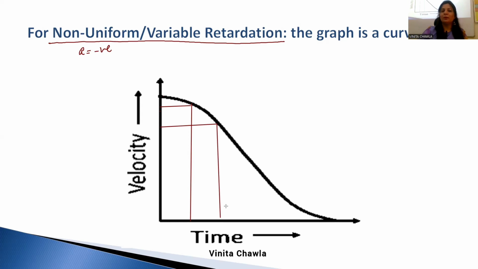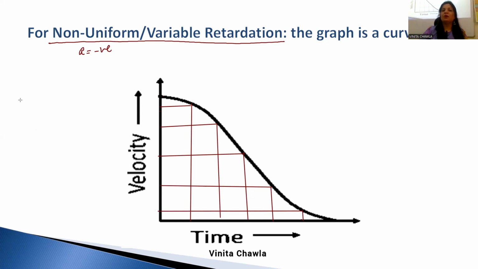Velocity is decreasing more rapidly. Okay, now at t equals 3 seconds, again, we find velocity is decreasing. At the next second, the 4th second, we find change in velocity again. So after every 1 second, we can see the change in velocity. But the change is not constant.